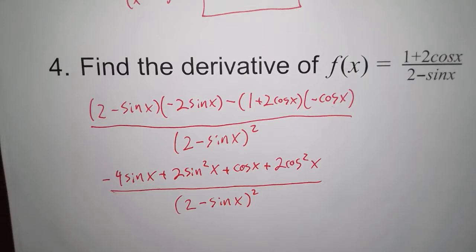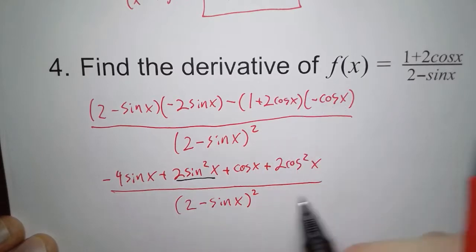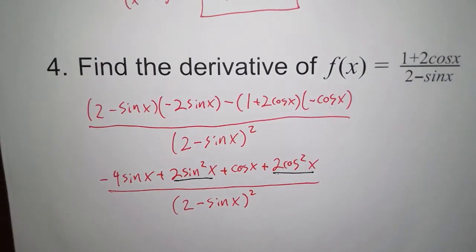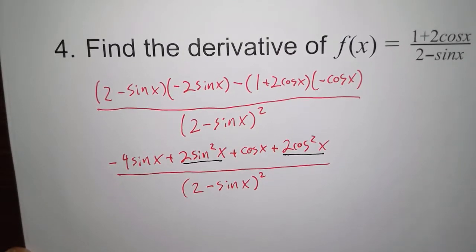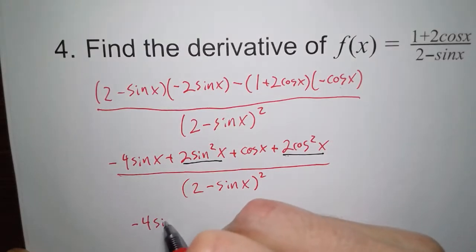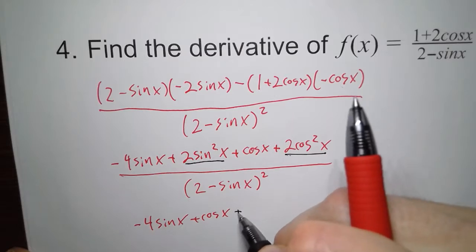Now there's one little thing we can do to simplify this, because if we remember our trig identities, sine squared plus cosine squared always equals 1. But here we have 2 sine squared and 2 cosine squared. So if one of each of these adds up to 1, then 2 of these will add up to 2. So we can collapse that down to negative 4 sine of x plus cosine of x plus 2.